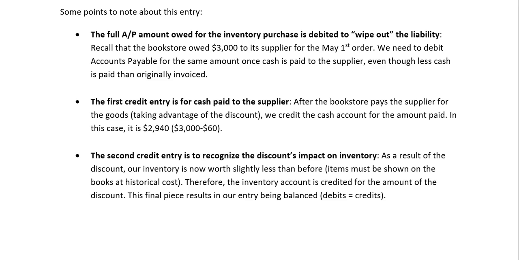The first credit entry is for cash paid to the supplier. After the bookstore pays the supplier for the goods, taking advantage of the discount, we credit the cash account for the amount paid. In this case, it is $2,940, which is $3,000 minus $60.